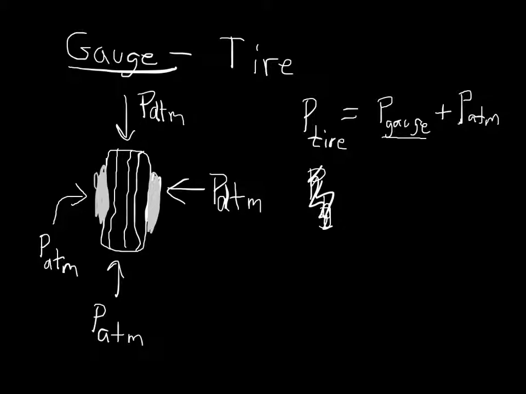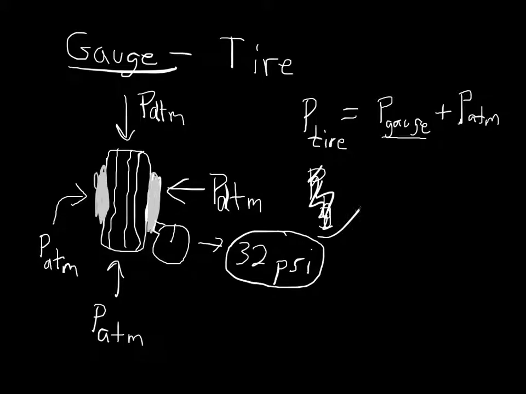When you read the pressure in your tire, you have the little pressure nozzle that you stick in, and it reads some certain pressure for you and tells you how much air you have in your tire. Maybe something like 32 psi, 32 pounds per square inch. That pressure is the pressure you read from a gauge.